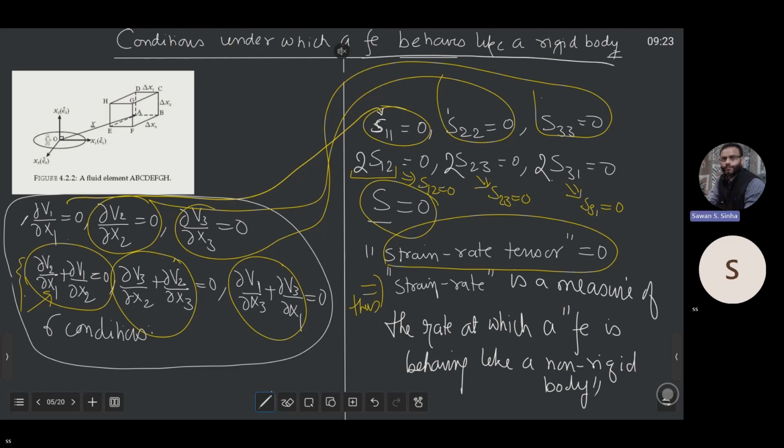I was saying in problem set 3, which will be uploaded probably at the end of this week, there will be a couple of problems in which I will give you an Eulerian velocity field, and then I'll ask you to check whether some fluid elements are behaving like rigid bodies or not. All right.